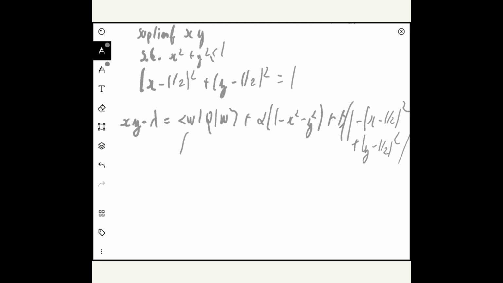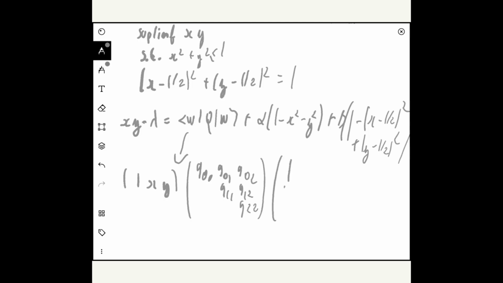And so for w we just have 1, x, y, and q is q0, q11, q22, q12, q02, q01, multiplied by 1, x, y.